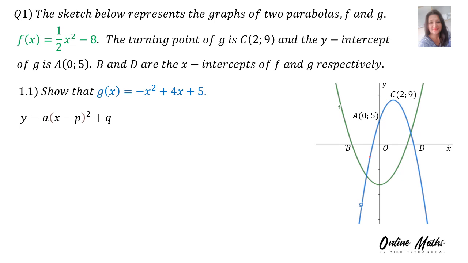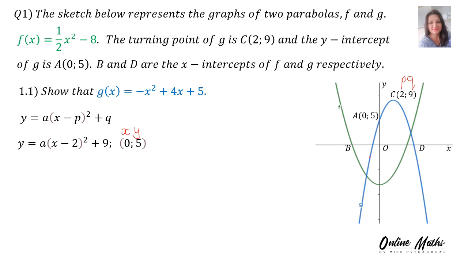And remember, when you go to the sketch, the turning point at C, the 2 is p's value and the 9 is q's value. So back into your equation, in p's place you substitute 2 and in q's place you substitute 9. Then there was this other point A that was given, the point (0, 5), that lives on the graph, and it consists of an x and a y.